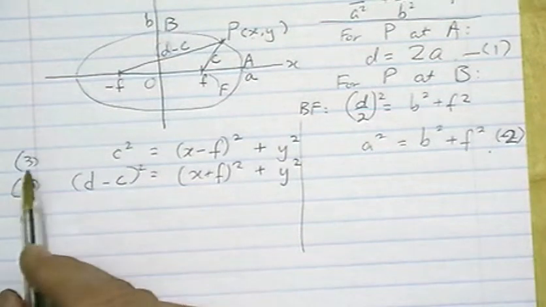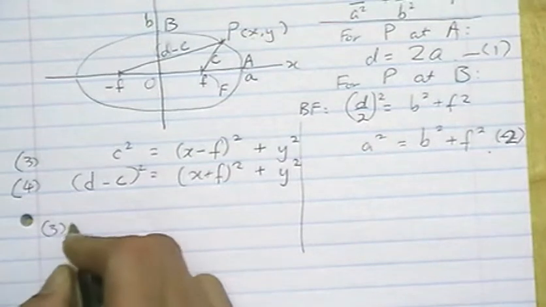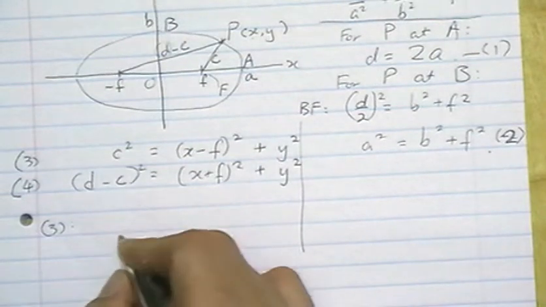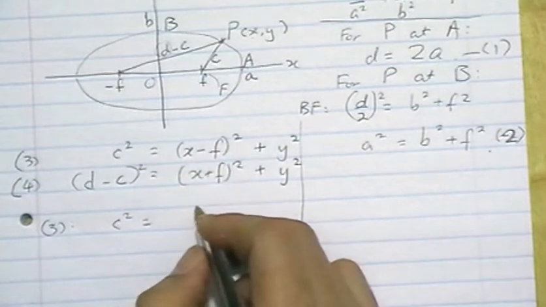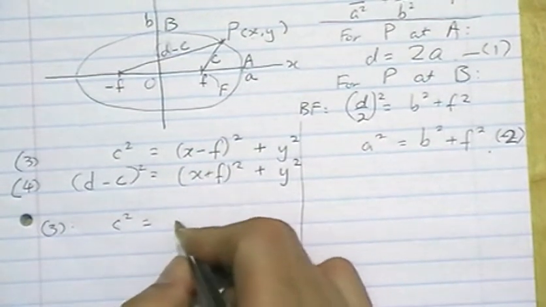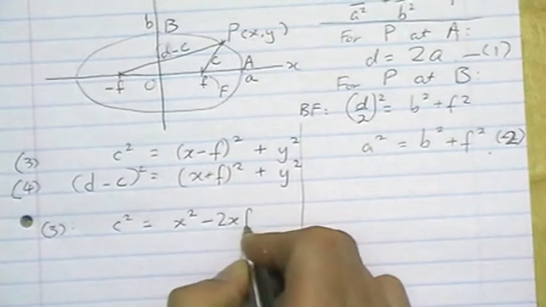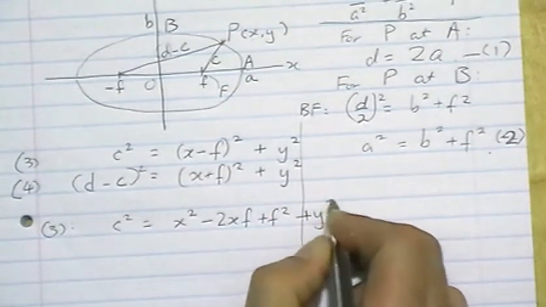Let me start from equation 3. I have c squared equal to x squared minus 2xf plus f squared plus y squared.